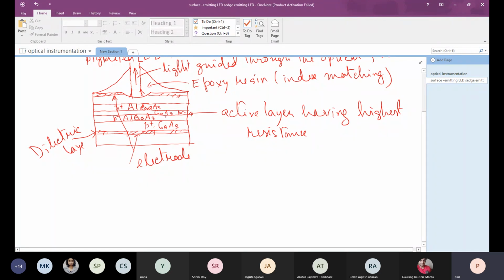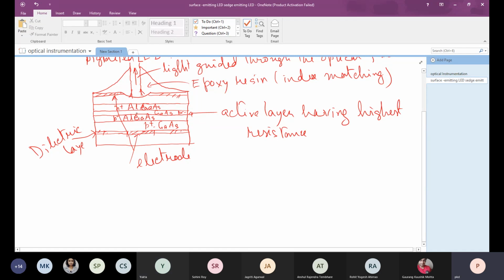So therefore the field gradient, that is the electric field, will be maximum along this thin layer. So there basically all those recombinations will take place. Holes will be supplied from this side, and electrons will be supplied from the N plus zone, and then recombination takes place here at gallium arsenide.